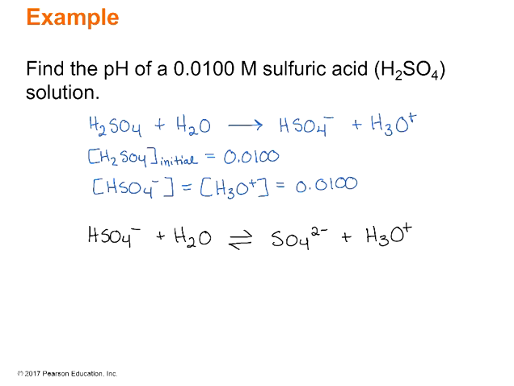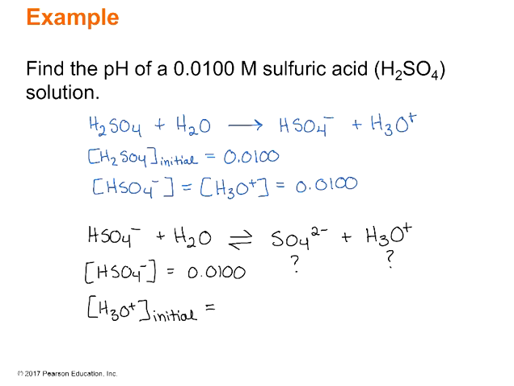So again, in the second step, we're starting with a concentration of our reactant that's equal to 0.01. And then we don't know how much of each product we'll end up with. However, we also know that we're already starting with an H3O+ in solution that's equal to 0.01.